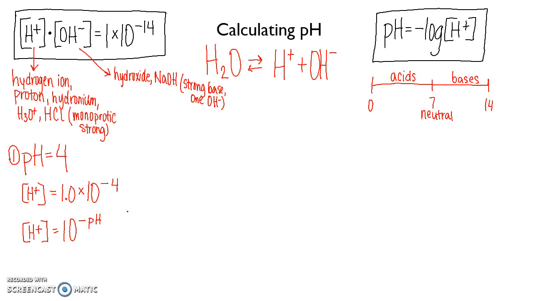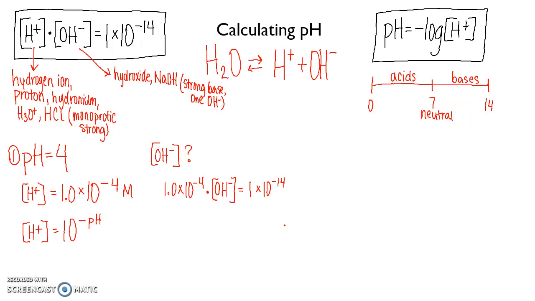We would already know that the H+ concentration is 1 times 10 to the negative 4. If I wanted to know my hydroxide concentration, I'm just going to plug and chug. My concentration for H+ here is 1 times 10 to the negative 4 molar, so I'm going to have 1 times 10 to the negative 4 times my OH minus concentration, which is what I want to solve for, is equal to this constant value up here, which is 1 times 10 to the negative 14.